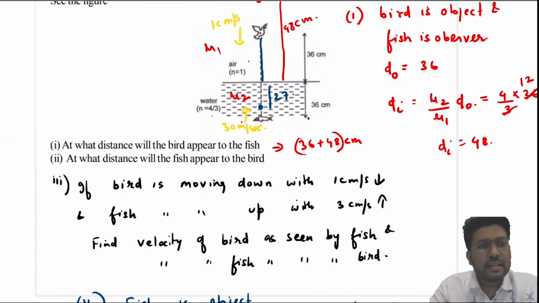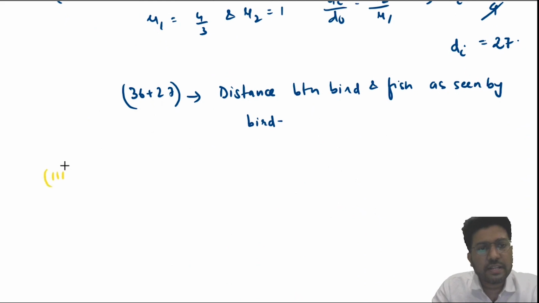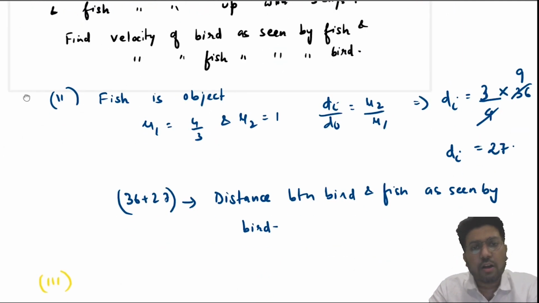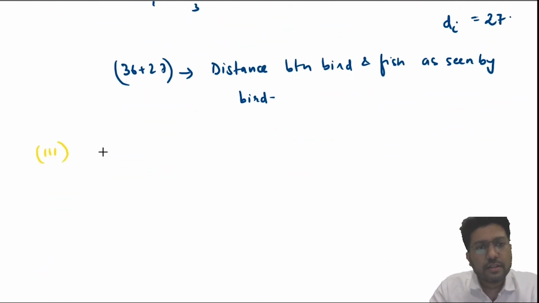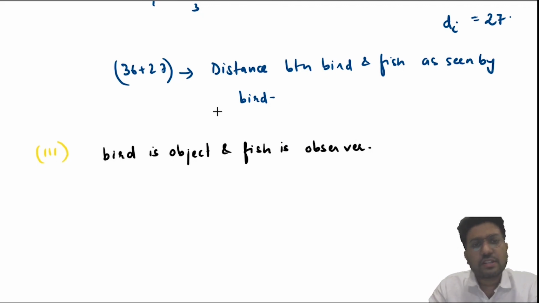So in question number 3, again I'll repeat, we need to find the velocity of bird as seen by fish. That means bird is the object and fish is the observer.